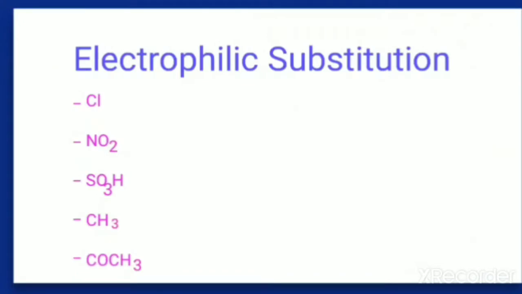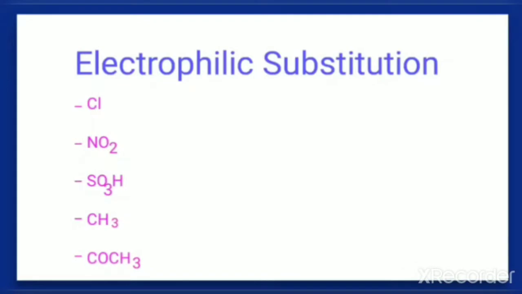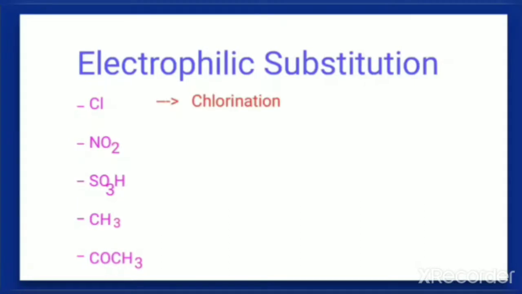Electrophiles can be of the following types. If the electrophile is the chloronium ion, then this electrophilic substitution is called chlorination.